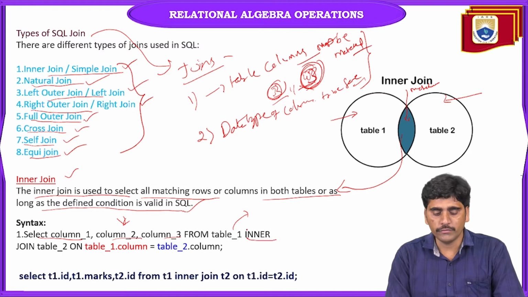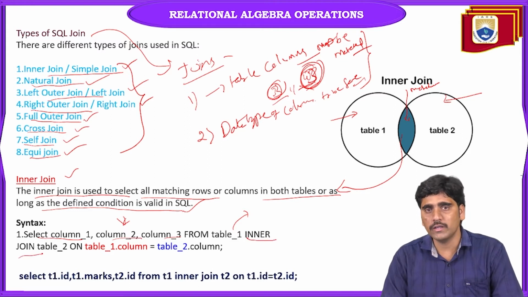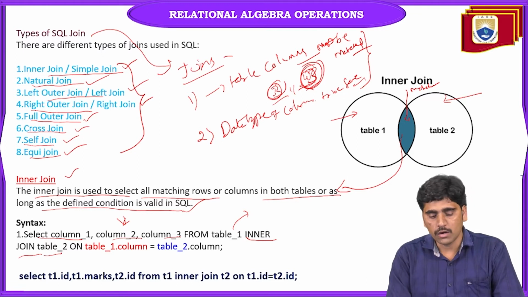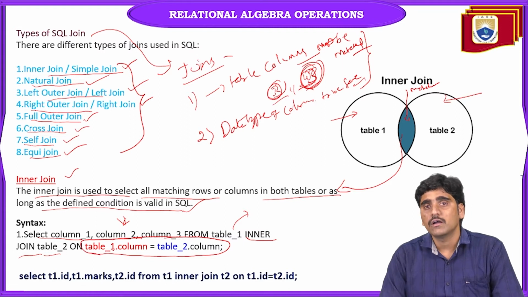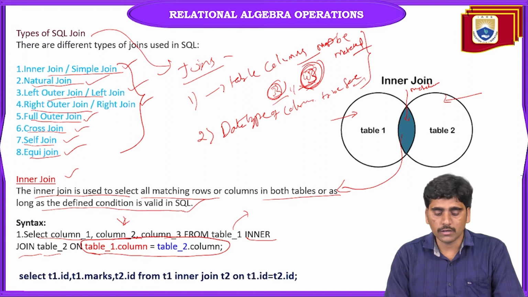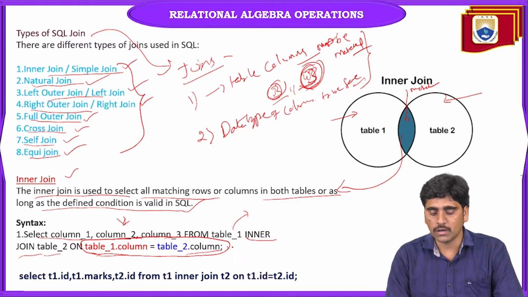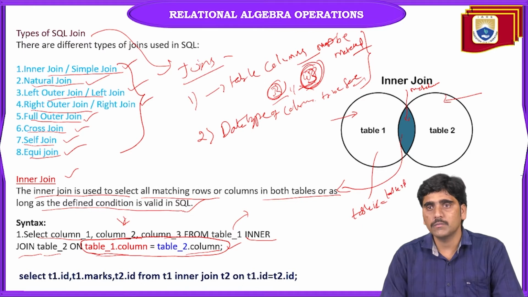Then you should mention the type of join, then the next table, table 2, and on what condition basis you are going to join and display the values together. On table_1.column equals table_2.column, that is nothing but table 1 dot id equals table 2 dot id.